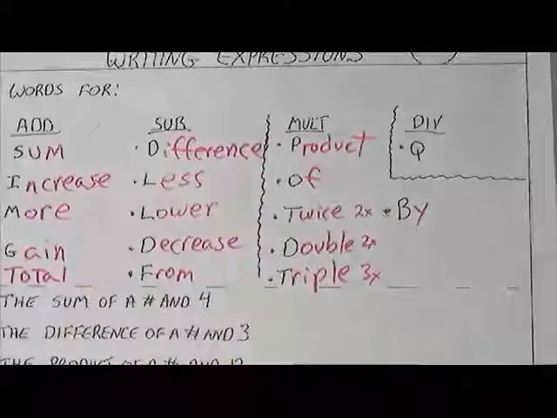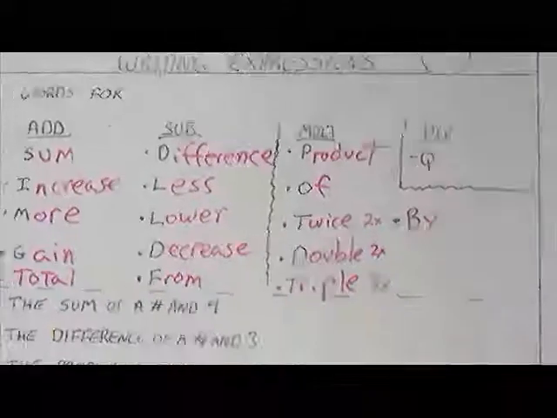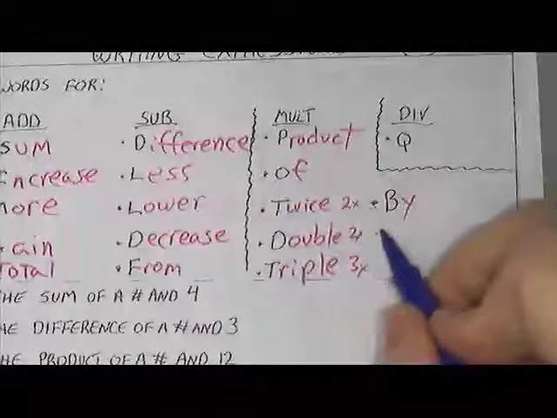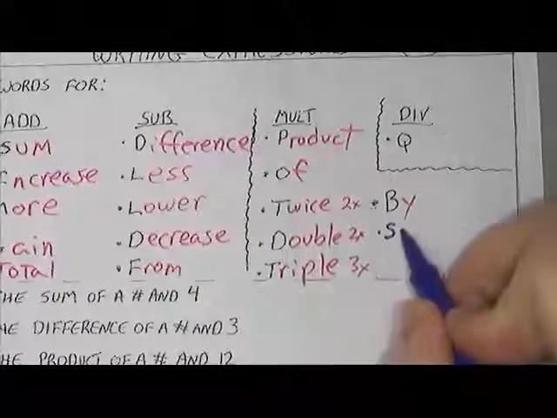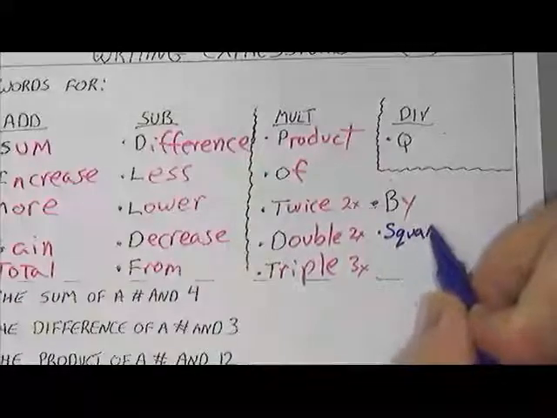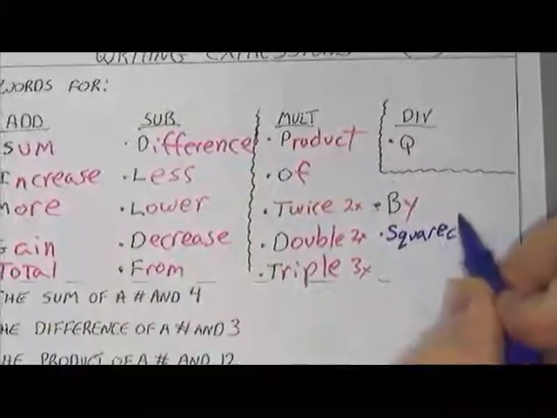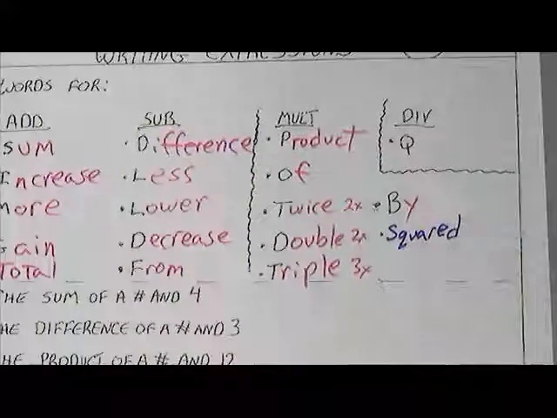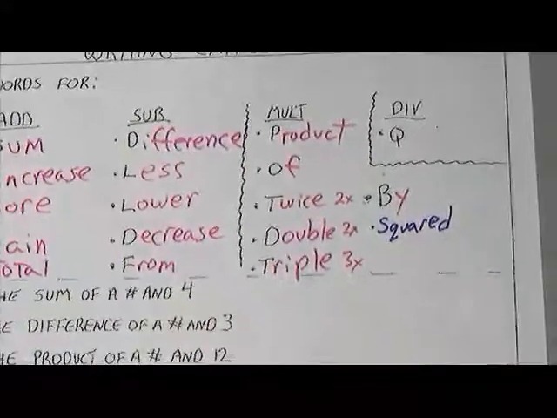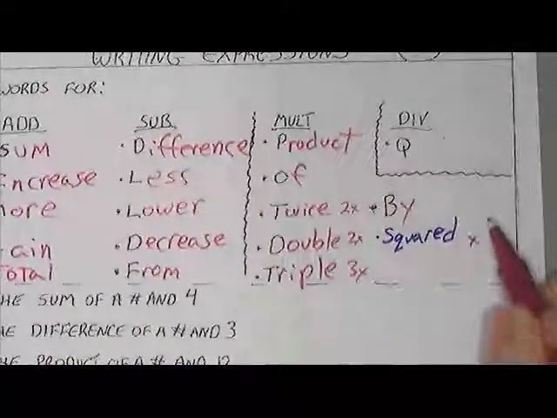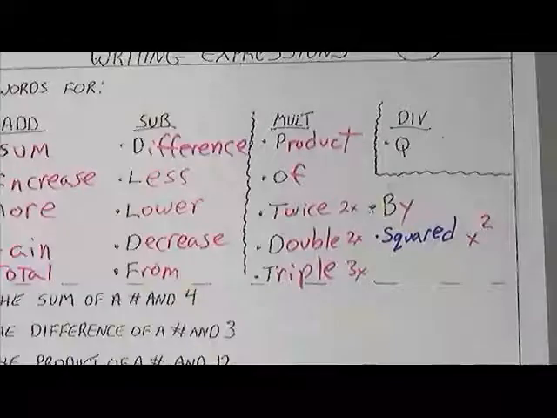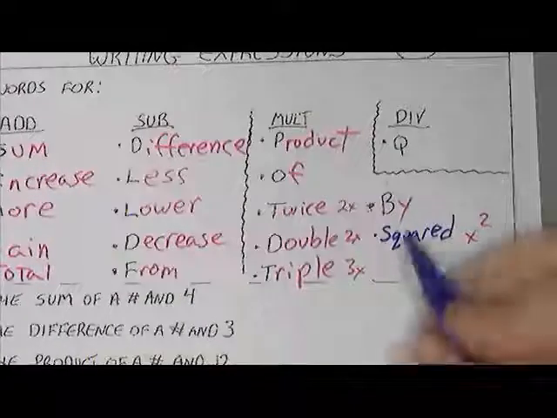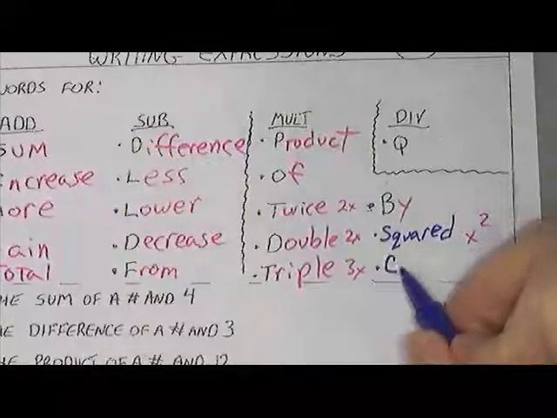Okay, there's 2 of them I did not have in here, so let me write those down. They would be the word squared. Squared would be written with an exponent of 2. So for example, x and then 2. That would be squared. Another one is cubed.